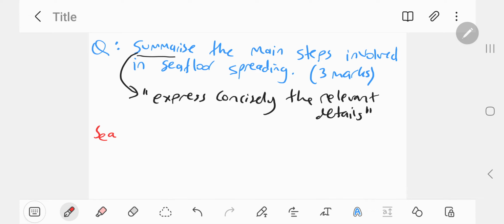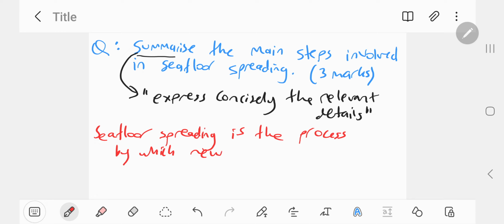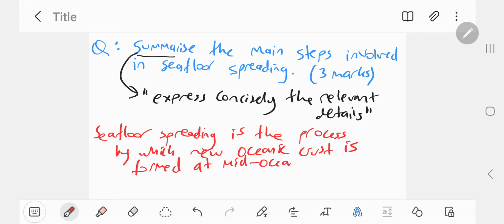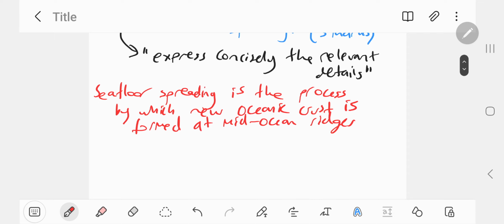So you can start off by writing: seafloor spreading is the process by which new oceanic crust is formed at mid-ocean ridges via volcanic activity.